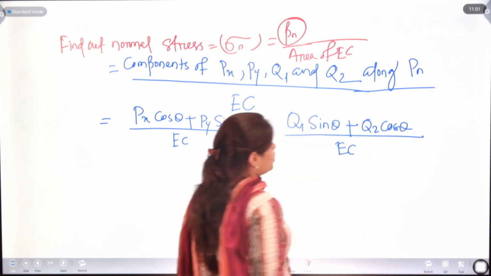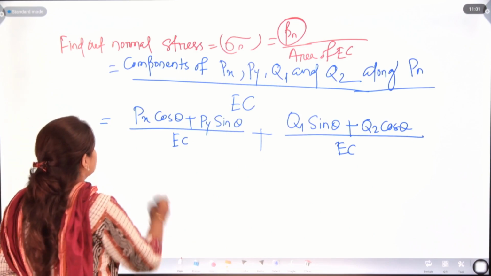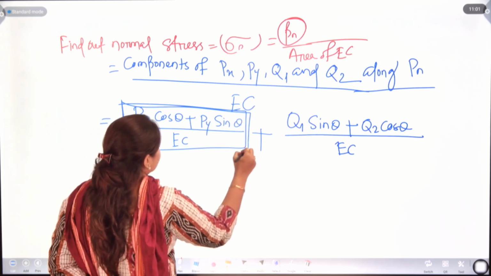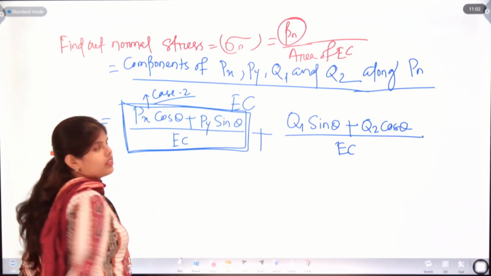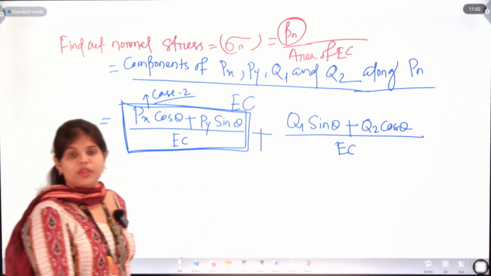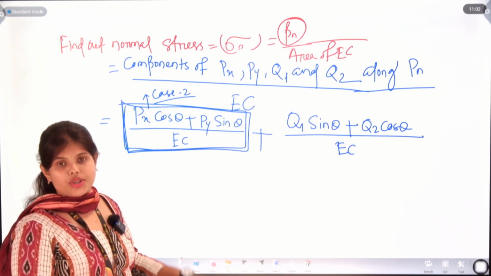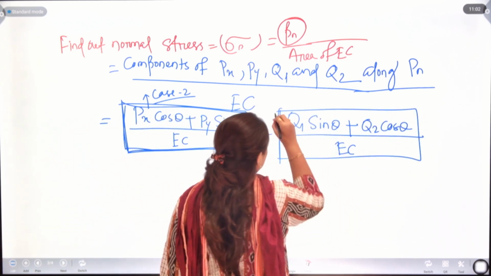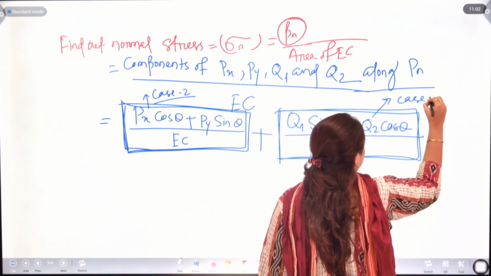Upon EC. So, here one thing you can see is that this complete half of the equation is from case 2, right? We have already solved case 2, and in case 2 we have this equation, and this is your equation of case 3.